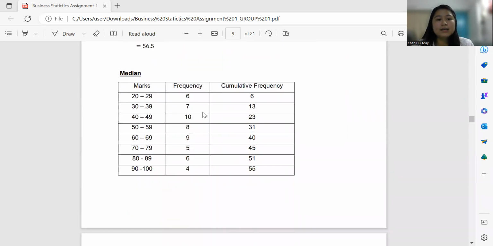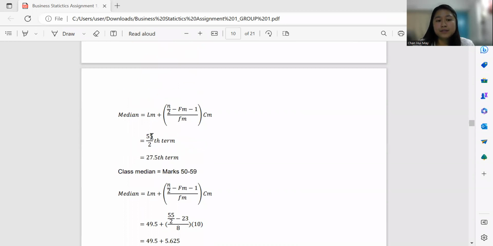For the median, the formula of median is Lm, which means the lower boundary of the median class, plus bracket n over 2 minus capital F n minus 1.